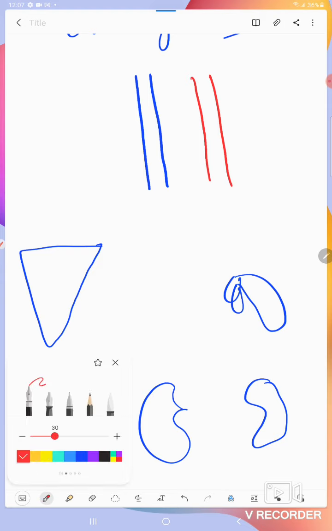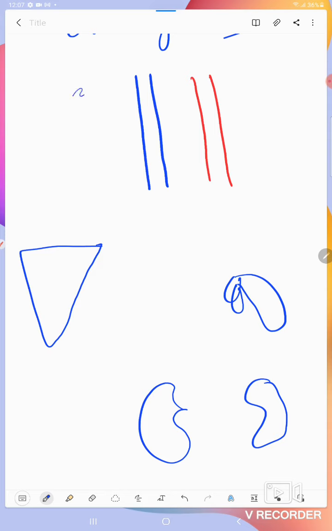Then you also have the eyes. Here you can make very beautiful big eyes, and the pupil is now going from here to here. These are the different places where you have the alpha 1 receptor.